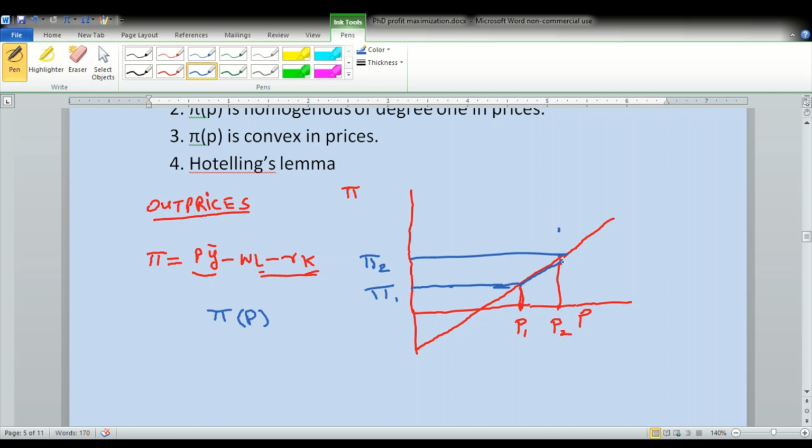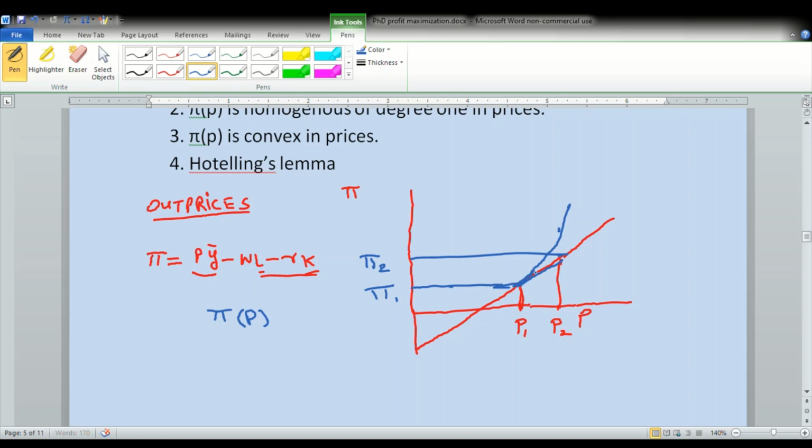This is the increase in profit, but because price has increased, you will reconsider your production decision and your employment decision, with the result that your profit will not be increasing to pi 2, it will actually be increasing to a further extent. And so I should be seeing a behavior like this.